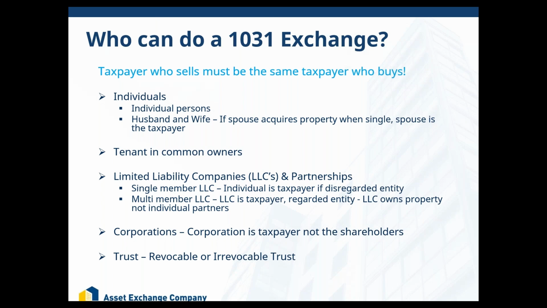If the actual entity files a separate tax return, a regarded entity, maybe it's a partnership, multi-member partnership, a corporation, if that entity files a separate tax return, okay, that entity is going to be the seller in the 1031 exchange, and that same entity needs to be the purchaser in any replacement property or properties, right? Because again, the taxpayer in the sale always needs to be the same taxpayer in the purchase of any replacement property or properties when you do a 1031 exchange, all right?